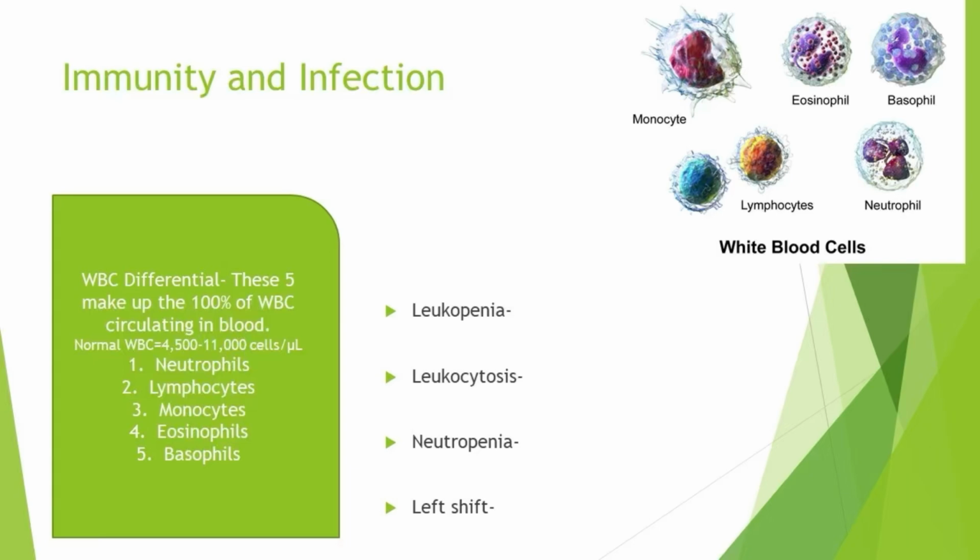I put some up here in the far right for you as well, just to give you a nice little visual. These terms in here though, leukopenia, leukocytosis, neutropenia, and what is called a left shift. Let's dive into those. I need you to know those for this class. So with leukopenia, that's when the total white blood cell count is getting less than 4,000.